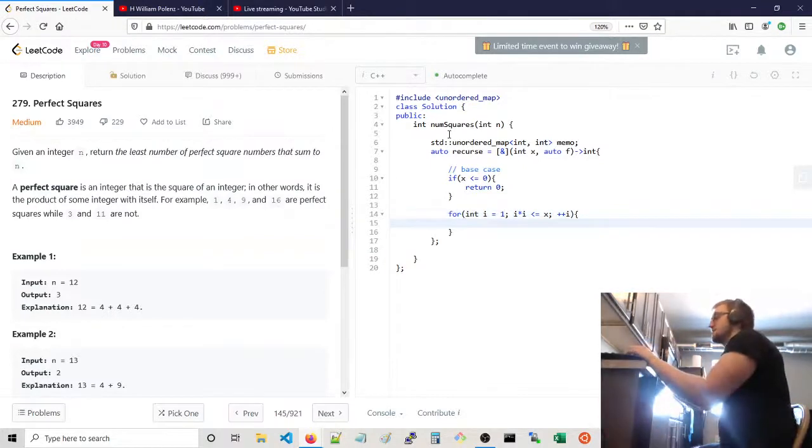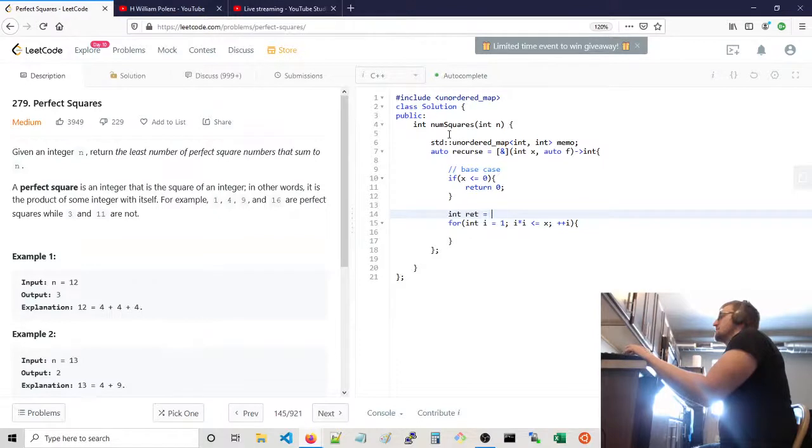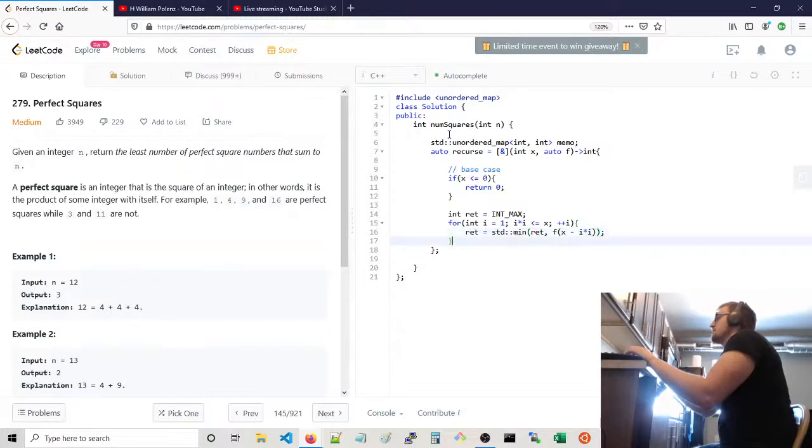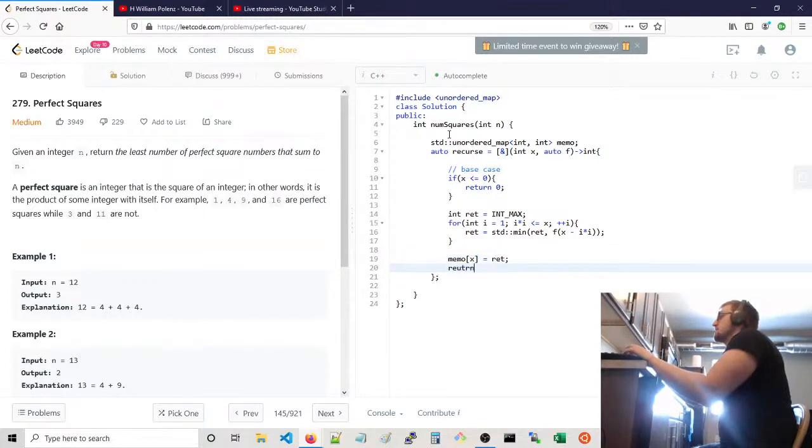Then you're going to say int ret with the minimum, and you're going to recurse on x minus i times i, and you're going to say memo of x equals ret, return ret.